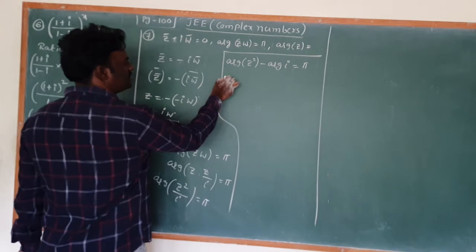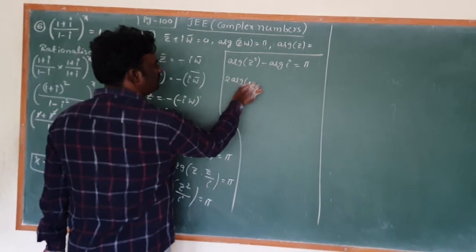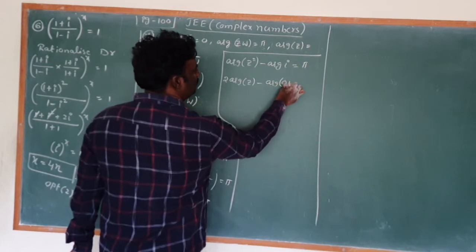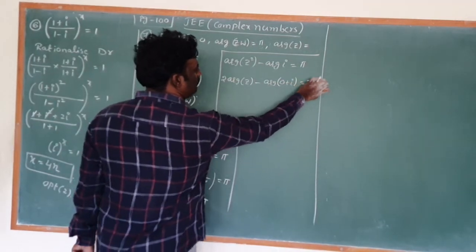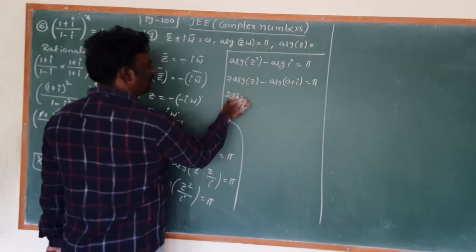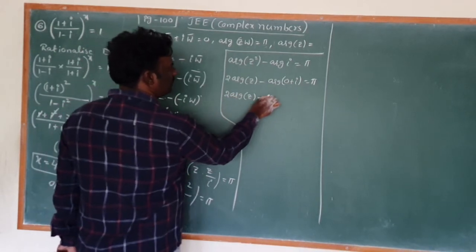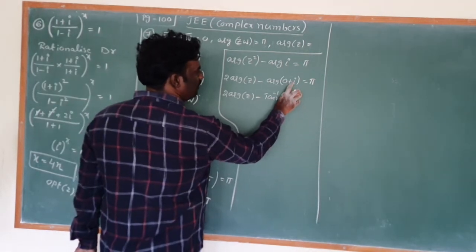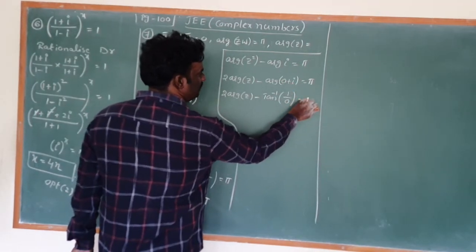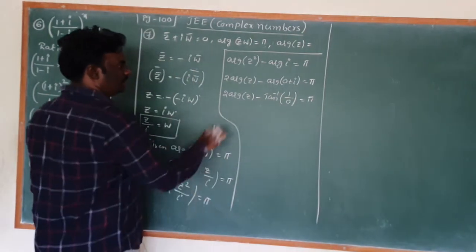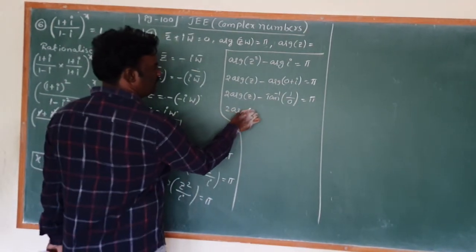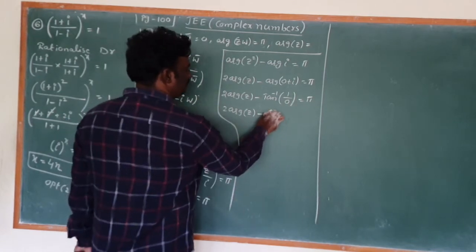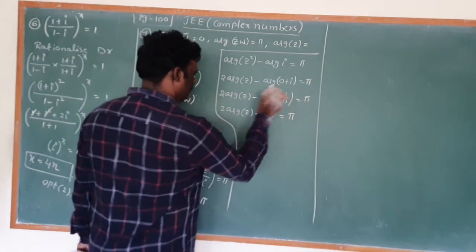Here 2 we can write first. 2 into argument of z minus argument of I, I can write 0 plus I, is equal to pi. 2 into argument of z. What is the argument formula? Tan inverse of y by x. Y value 1, x value 0, that is pi. That equals 2 into argument of z, 1 by 0 is infinity, when tan value is infinity, pi by 2, that equals to pi.